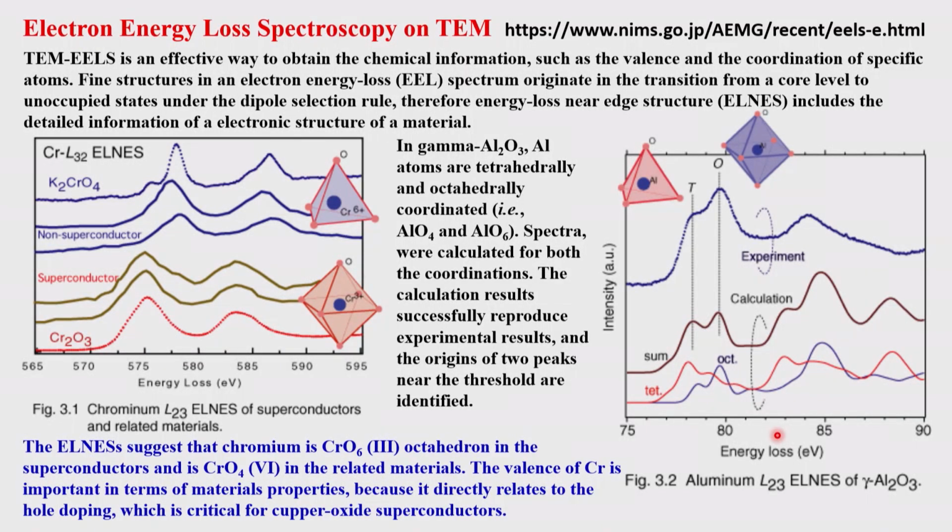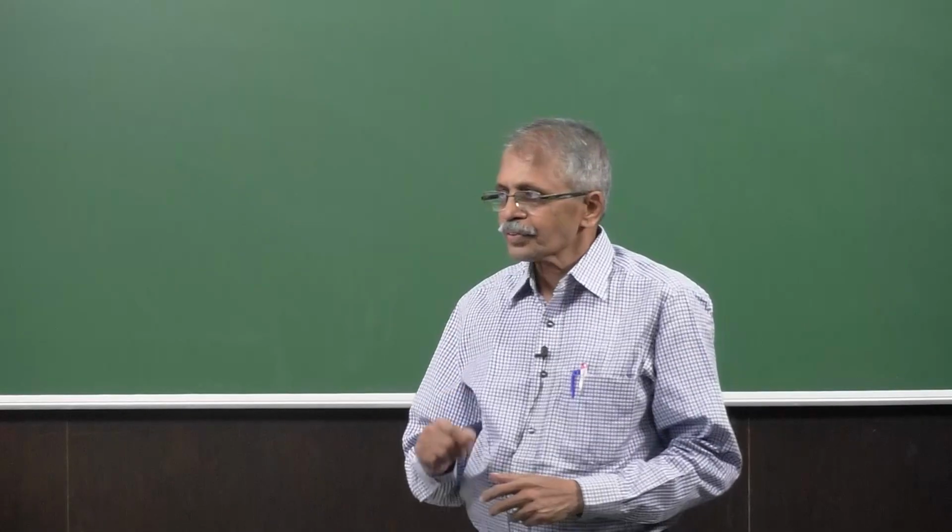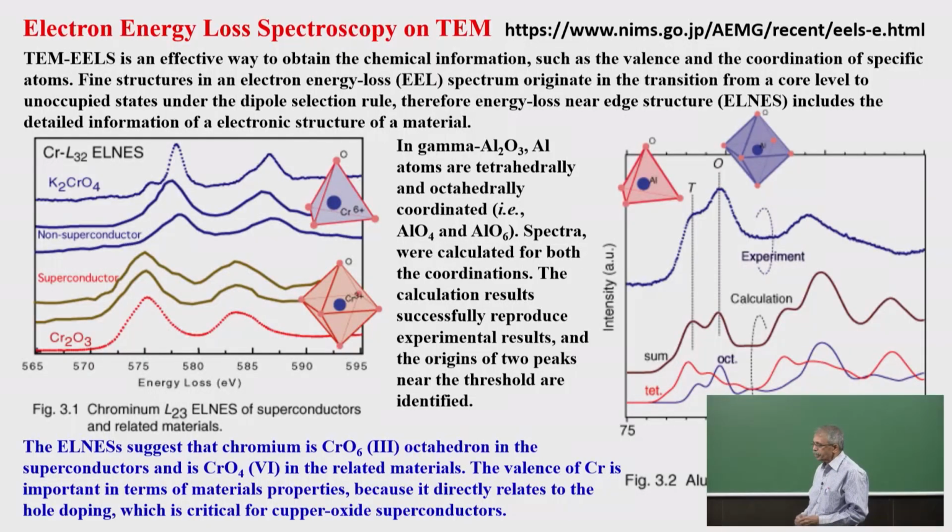Okay, so you can also use some additional techniques. As I said, TEM is a family of techniques, not just one single technique. You can attach many techniques to it. One of them is electron energy loss spectroscopy.